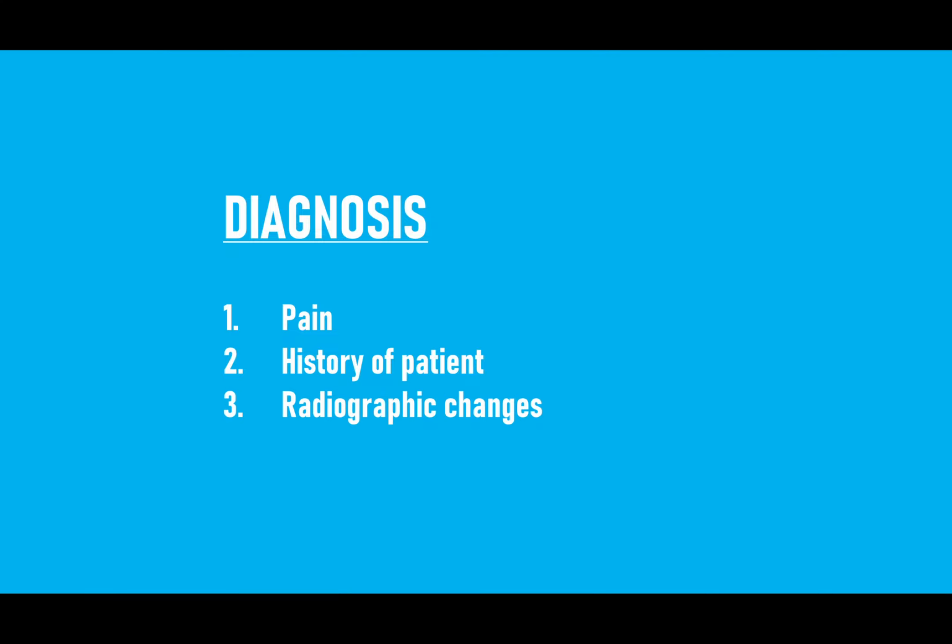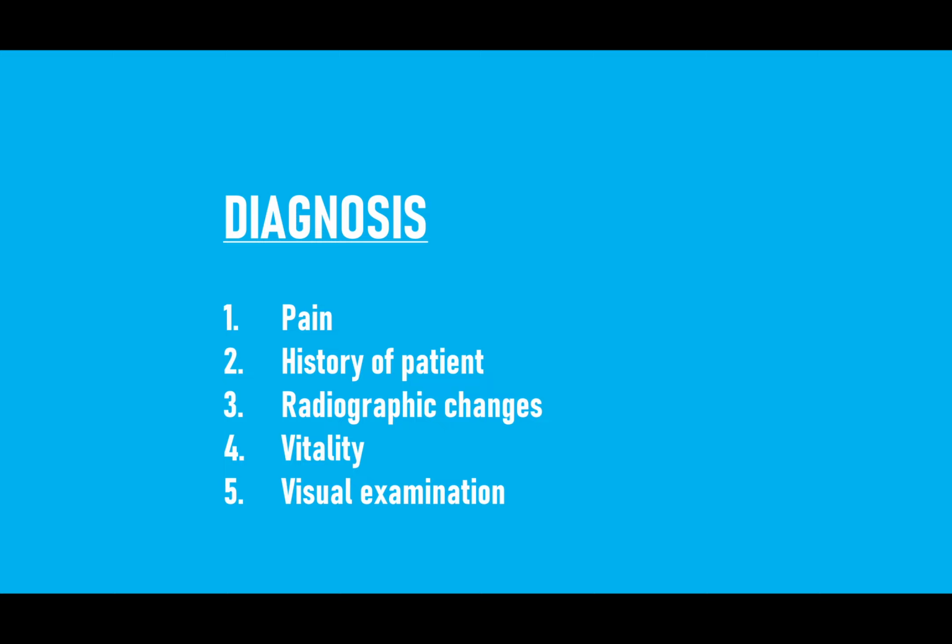Diagnosis: how we can diagnose pulp necrosis, or how we can say that pulp is necrosed, is by the following symptoms or tests. First is pain. Second is by asking about the history of the patient. Third is the radiographic changes. Fourth is vitality, and fifth is visual examination.